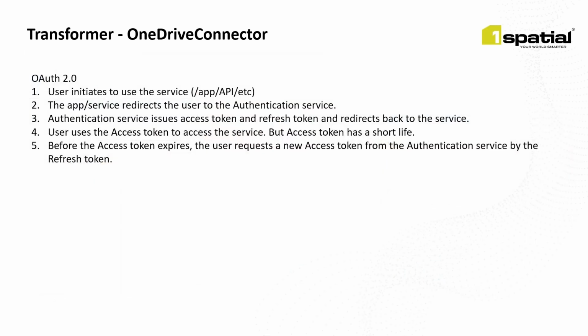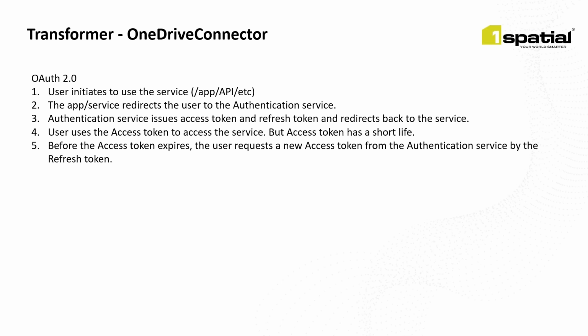The OneDrive connector transformer is based on the Graph API, which is a large API providing a lot of services I will talk about later. The Graph API is authenticated by OAuth 2.0.